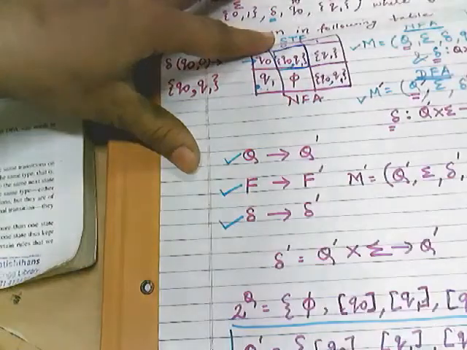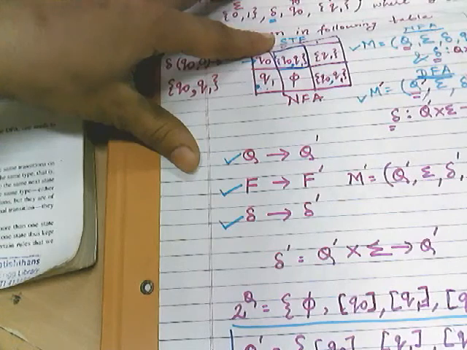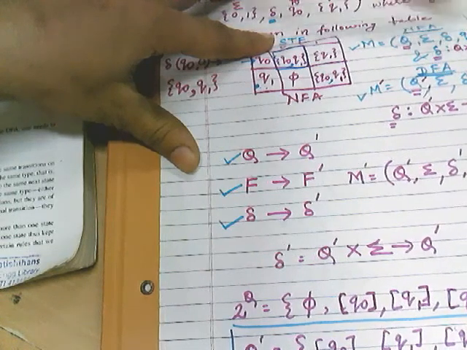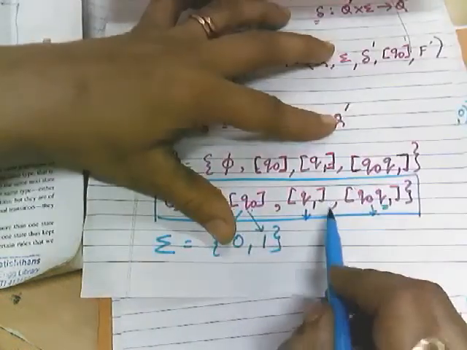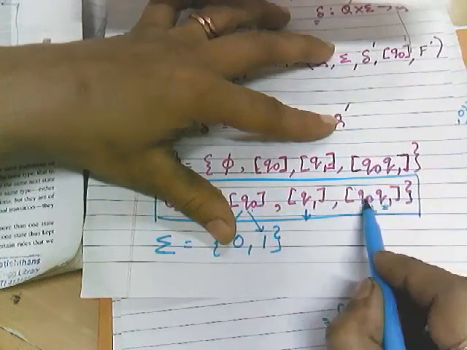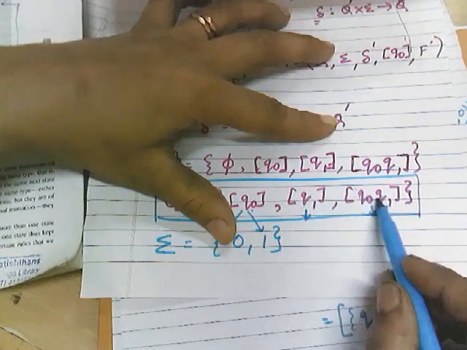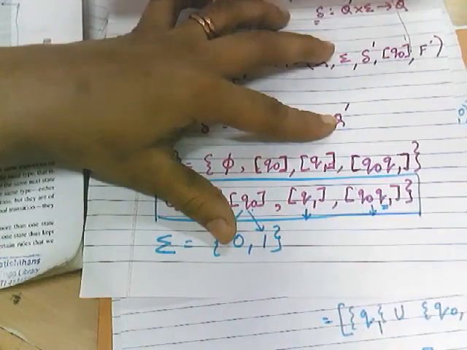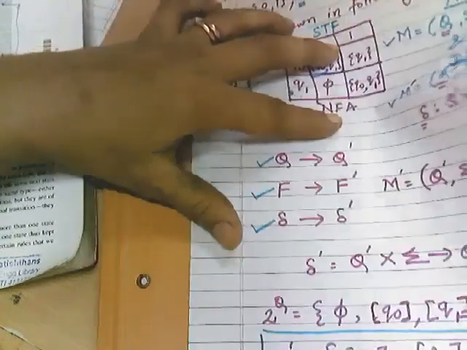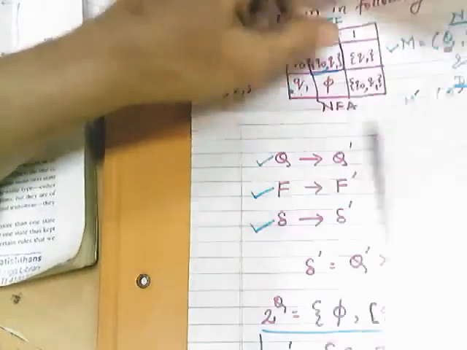Where is q1 available? Here q1 is available, and here also q1 is available, this is q0 q1. So these two states are acting as the final states. As I have already told you, we can have multiple final states, but we have a single initial state.